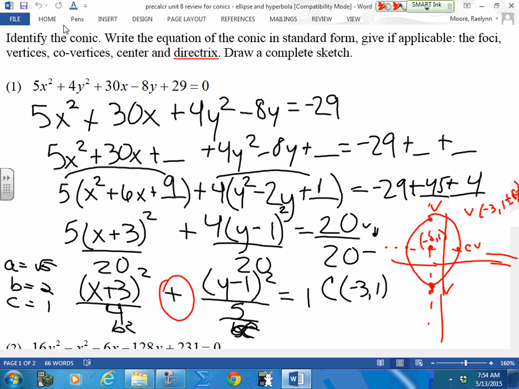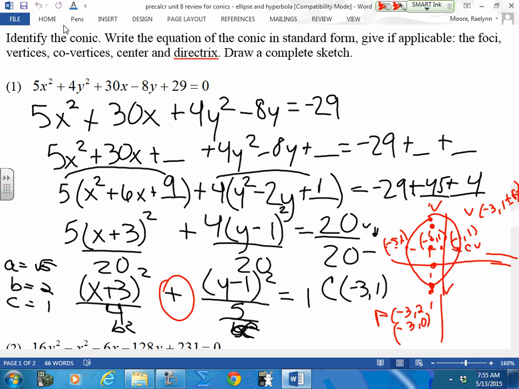So -3 would give you -1, 1 over here, and -5, 1 over there. And your foci come inside, going up and down 1. So your foci are -3, 2 and -3, 0.